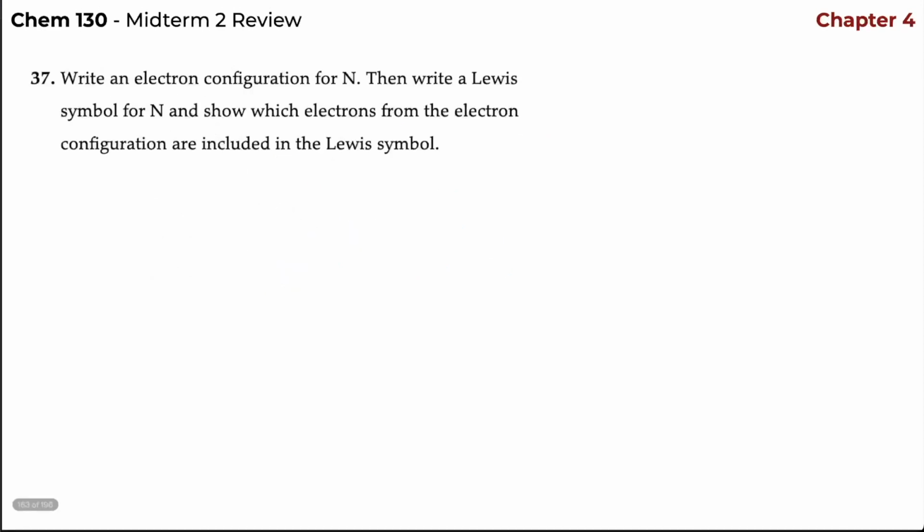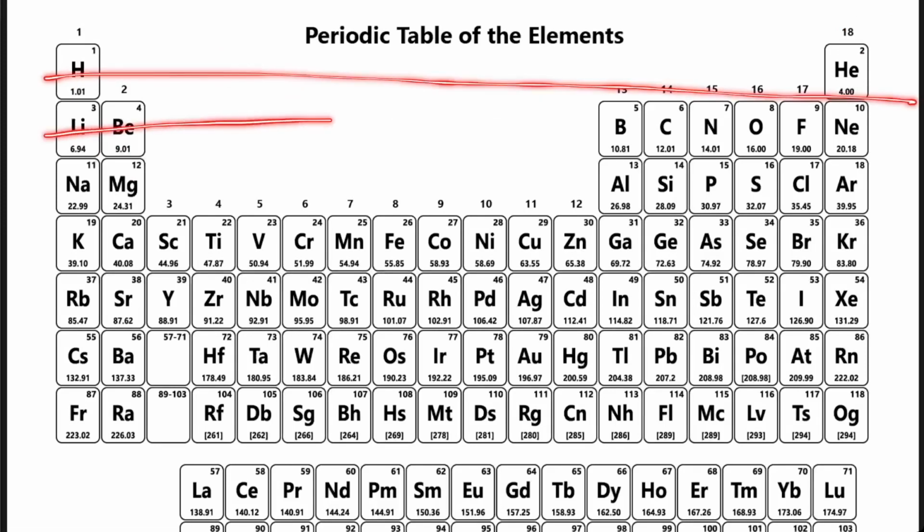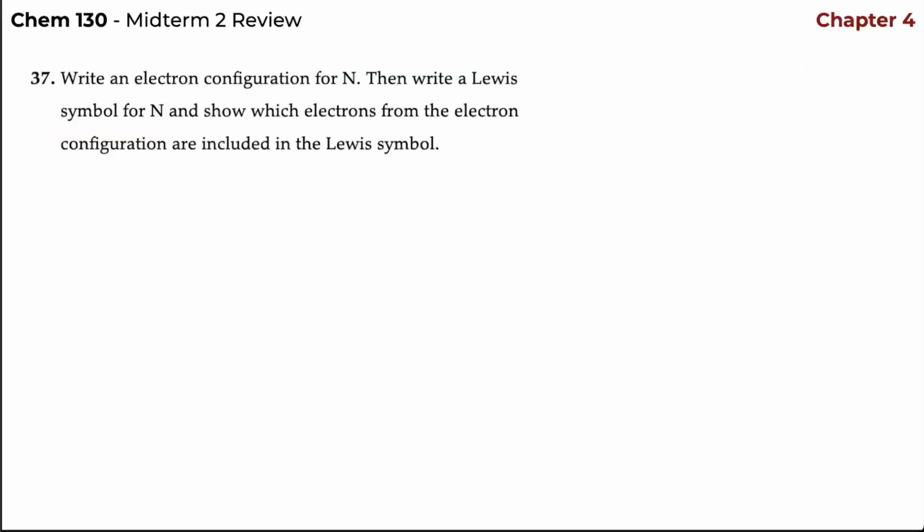All right. So for 37, what we have to do is write an electron configuration and a Lewis symbol for N. So let's look at the periodic table to see how to do that. Remember, to write the configuration, first you got to keep tracing it through until you reach where we're trying to get to. So these two, hydrogen and helium, are gonna add up to 1s squared.